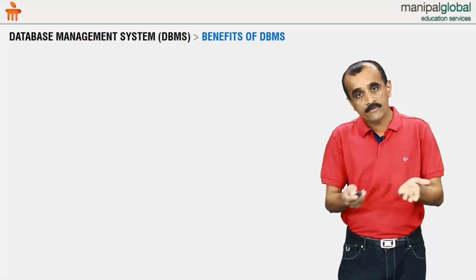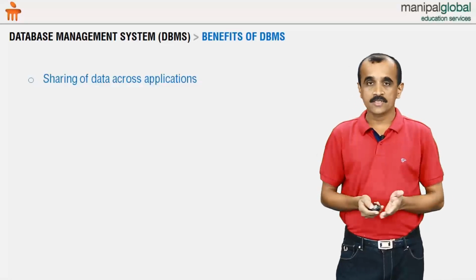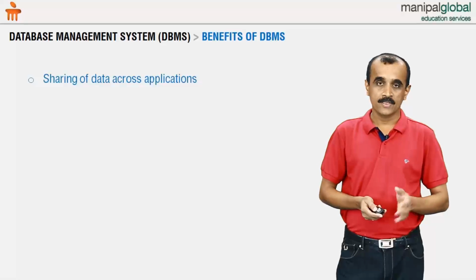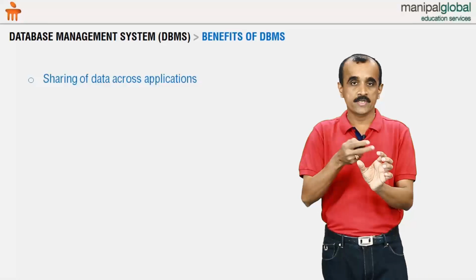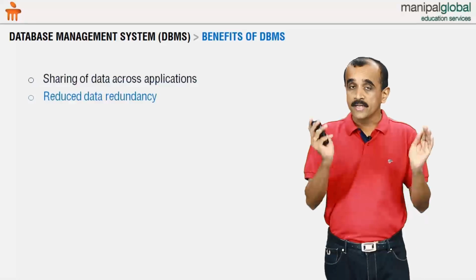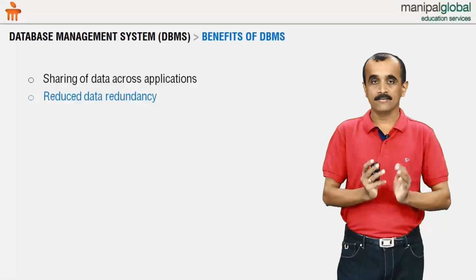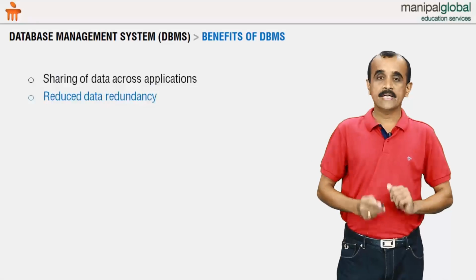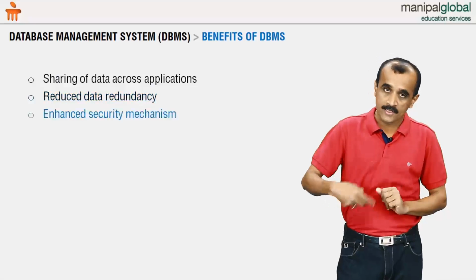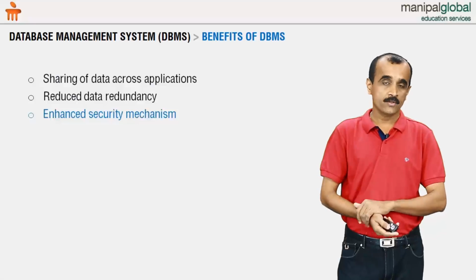And when it comes to the benefits, obviously there is sharing of data across applications. It is not that only one user can read the data; data is shared across applications. Data redundancy gets reduced to a drastic level, and there is an enhanced security mechanism so that data is kept secure.